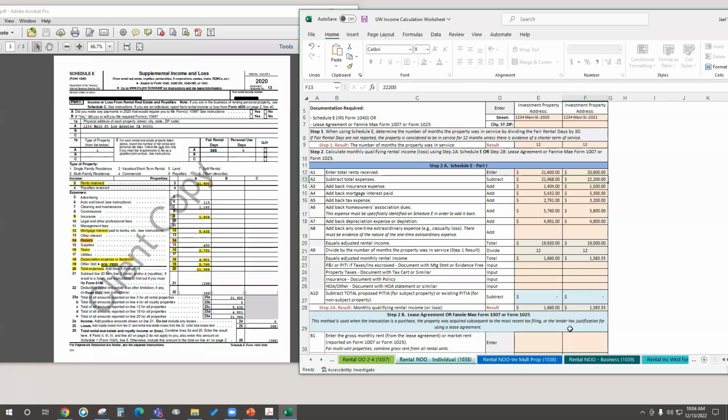If your income is more, let's say this is reversed, and the income for 2020 is actually 2021, then you're going to go ahead and average this out. So this is just like your taxes. If it's 24 months and this is the reverse, then you're going to take the 1583.33 plus the 1600, and divide that by 2.